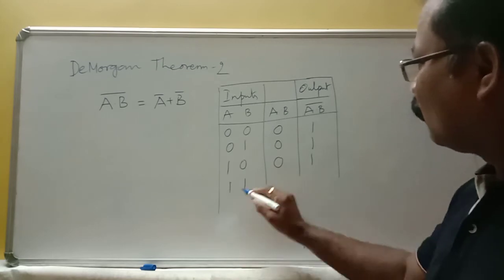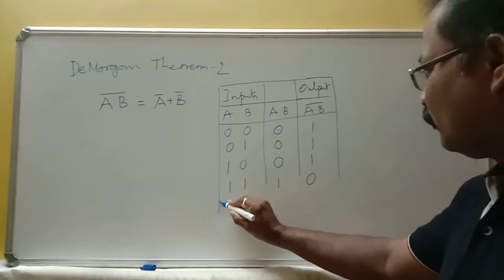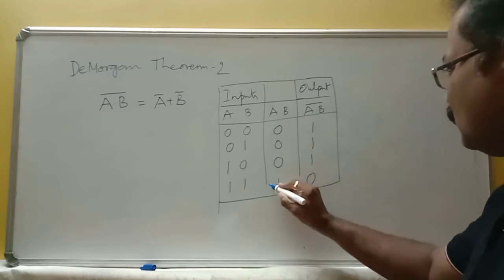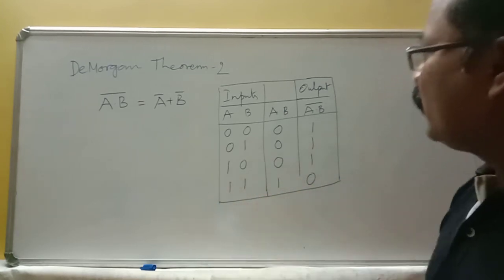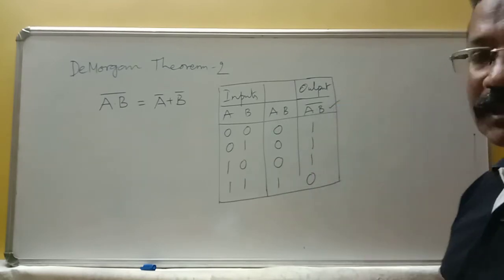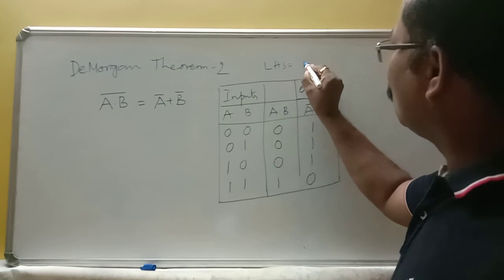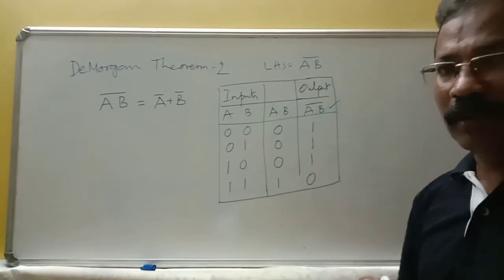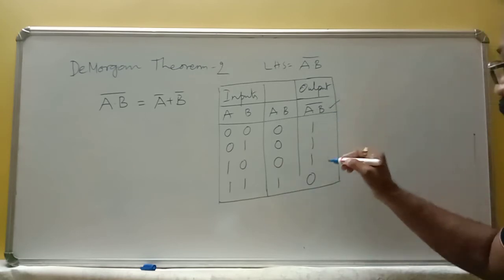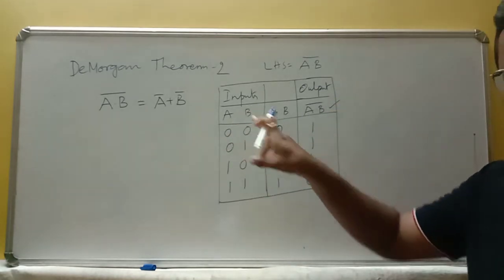For 1, 1: 1 into 1 is 1, and its complement is 0. So LHS is equal to the complement of A and B, AB whole bar. LHS is verified like this by giving values to the variables.